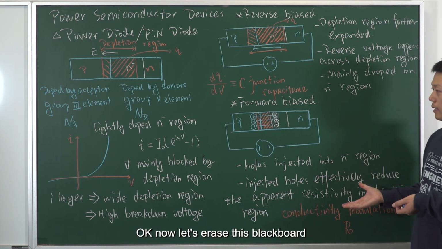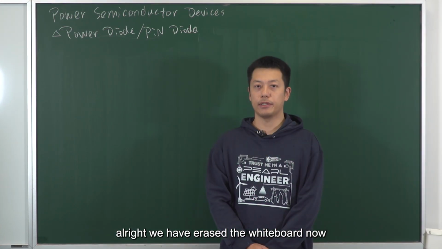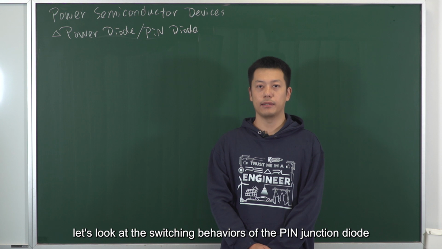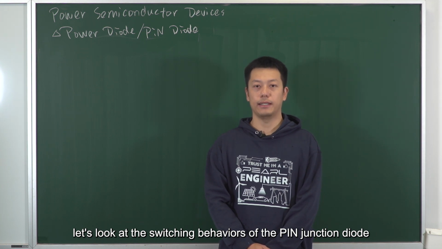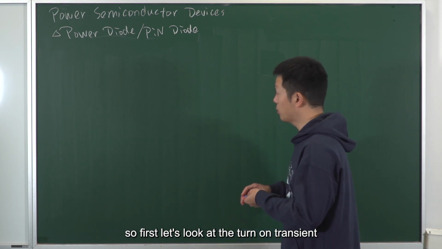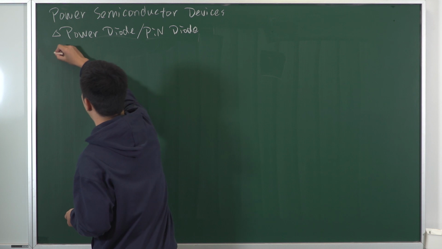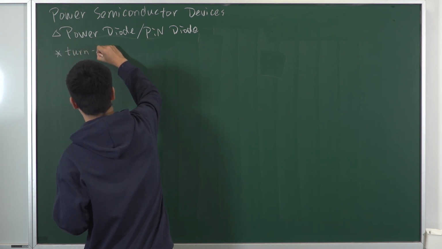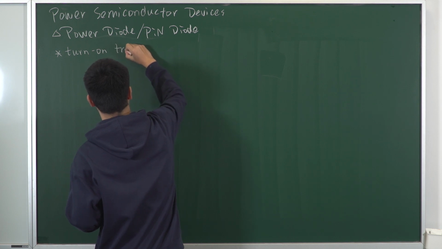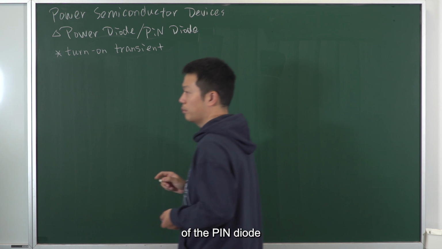Okay, now let's erase this blackboard. All right, we have erased the whiteboard. Now let's look at the switching behaviors of the PIN junction diode. So first, let's look at the turn-on transient of the PIN diode.